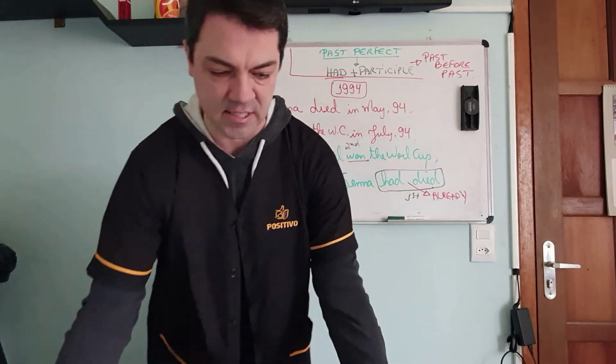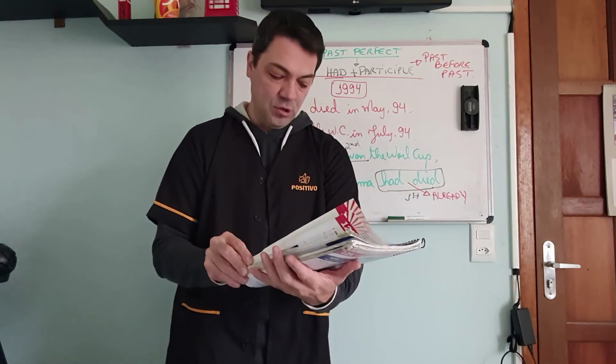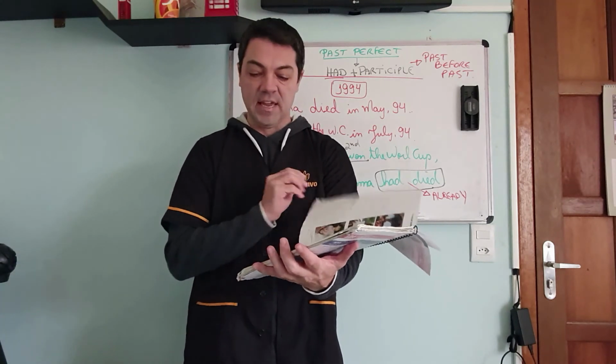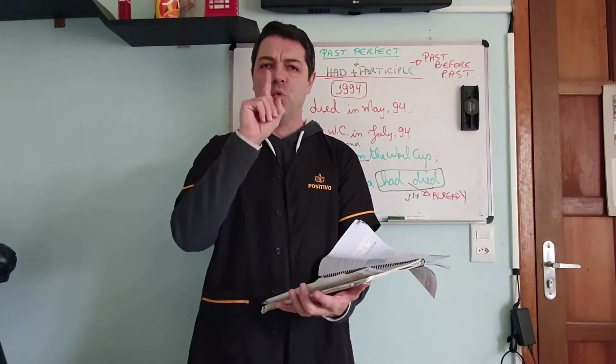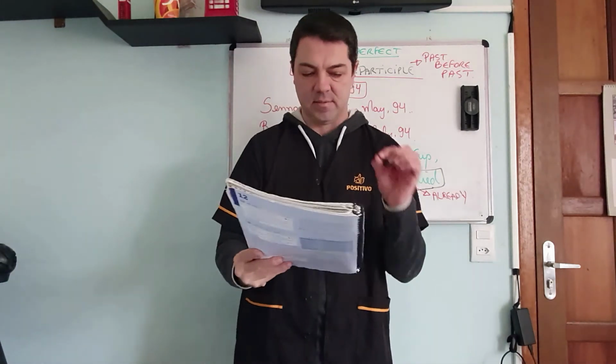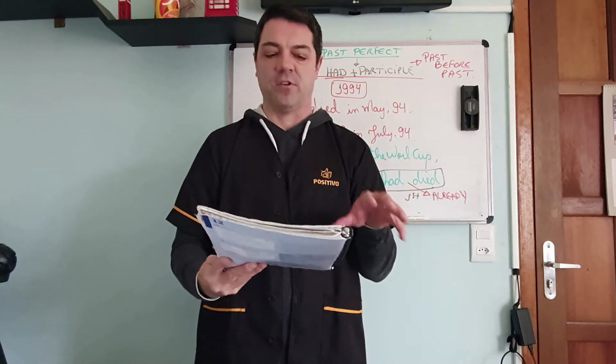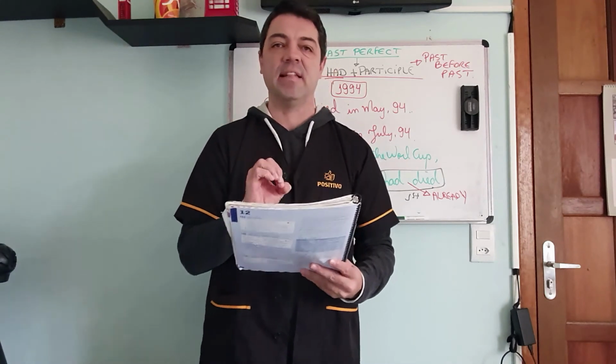The exercises are available for you there on page 149. So take a look there. I'm just going to do one exercise with you so you can check how you will be able to do that. On page 149, this will be available on the platform as well. You have there, match the sentence halves.